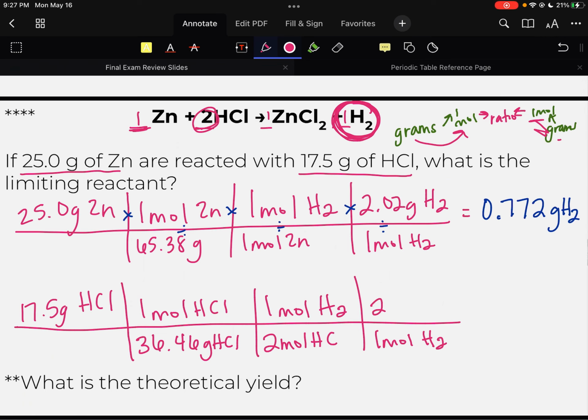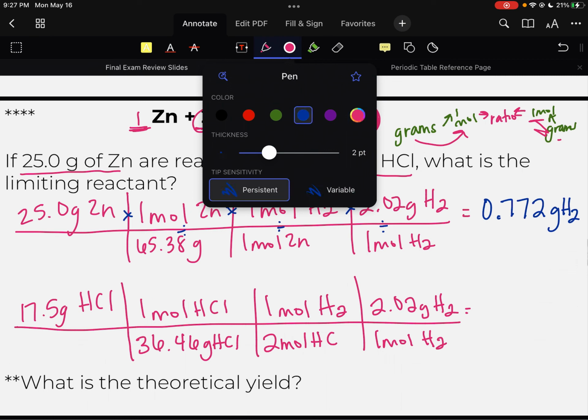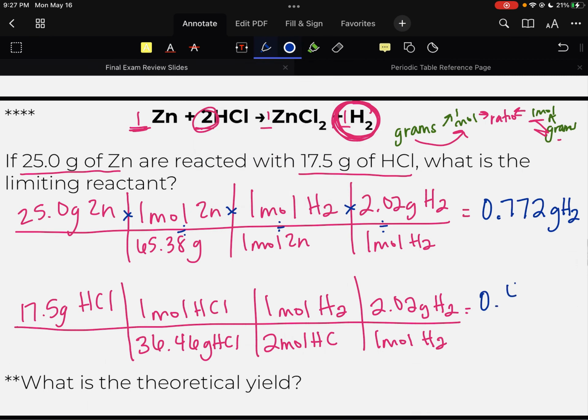And then the last part is the same. I'm just going from moles to grams. So multiply everything on the top, divide by everything on the bottom, and you get 0.485 grams H2.